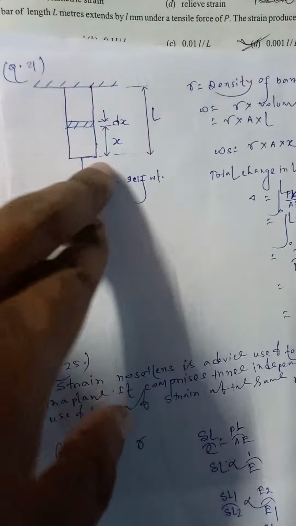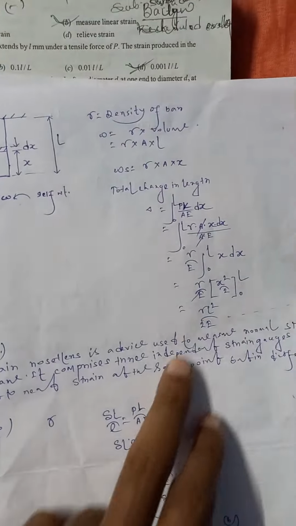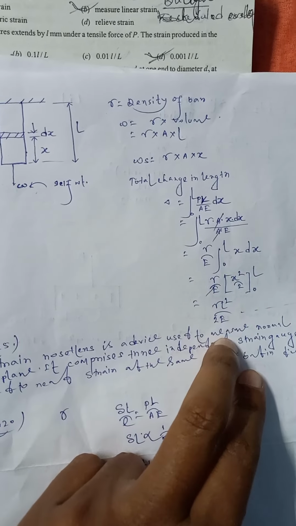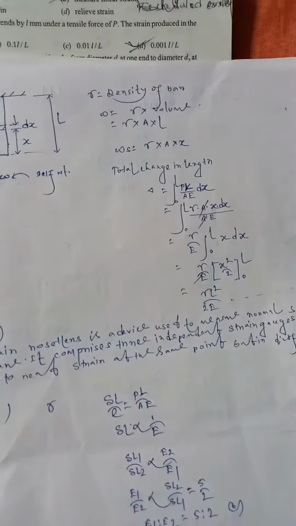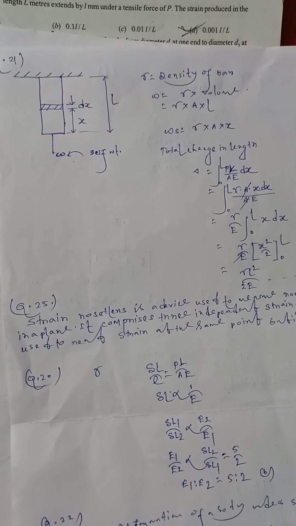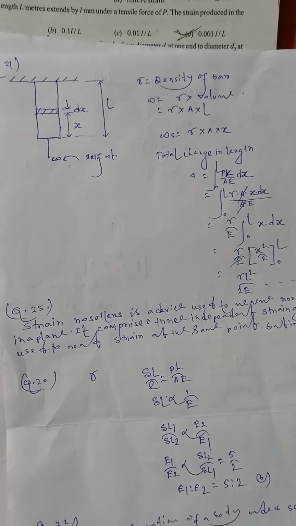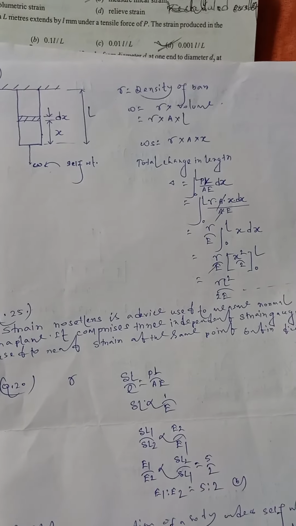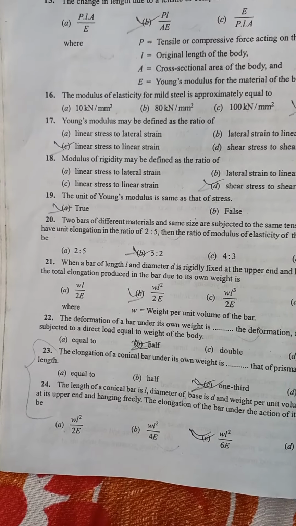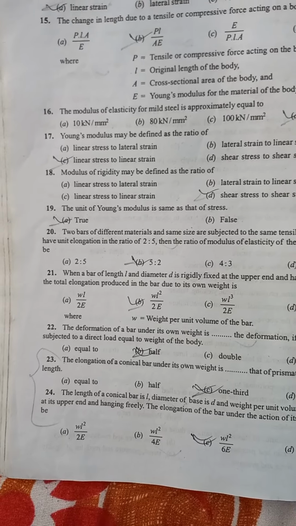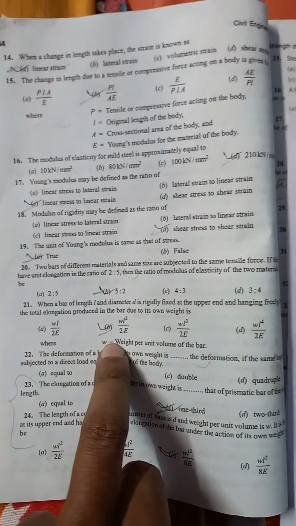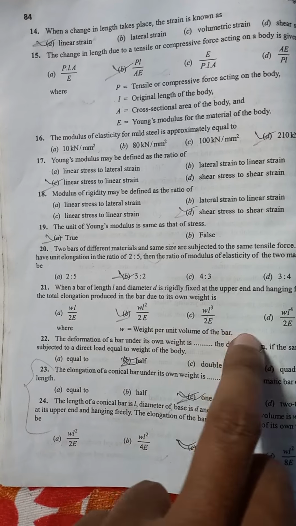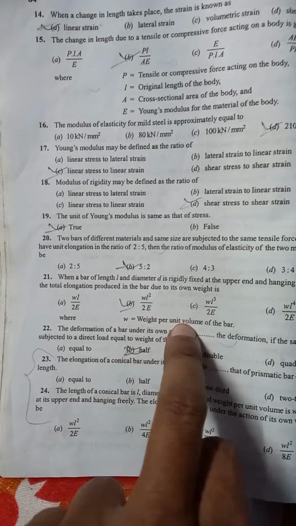This is a bar of length L and diameter D. So elongation equals gamma L square by 2E. E is the Young modulus of the bar, L is the length of the bar and gamma is the density of the bar. So friends, question number 21, it will be the option B, which is correct. W equals weight per unit volume of the bar or density of the bar.